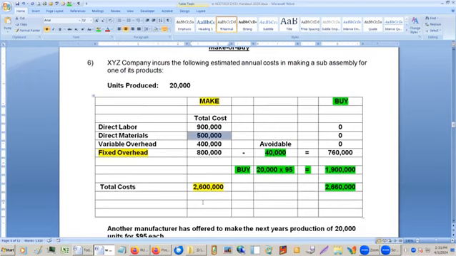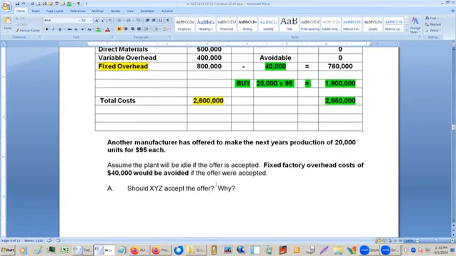Okay, make or buy. Yeah, you're gonna make them. It's cheaper. So should we accept the offer? No. Why is it cheaper?